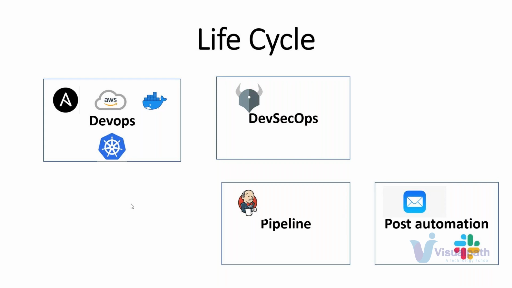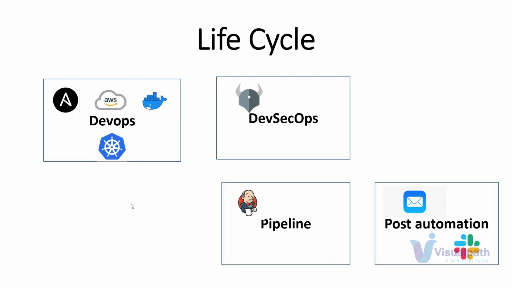So when you say automation, there should be a pipelining way which will make your business logic sit in its respective environments. Then post automation is something like notifications: how you send notifications to the users, whether it passed or failed, or what's happening in that.